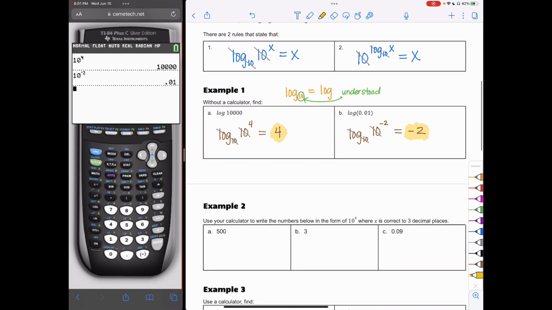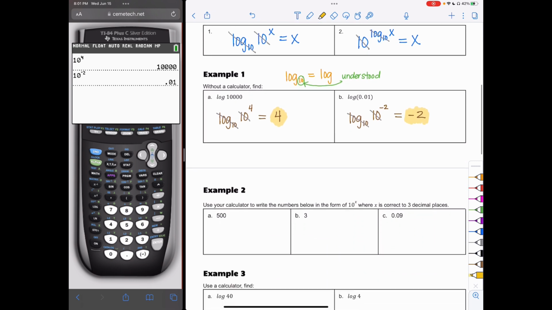So example 2 says use your calculator to write the numbers below in the form of 10 to the power of x, where x is correct to 3 decimal places, not 3 significant figures. We're talking about 3 decimal places, so be very careful.